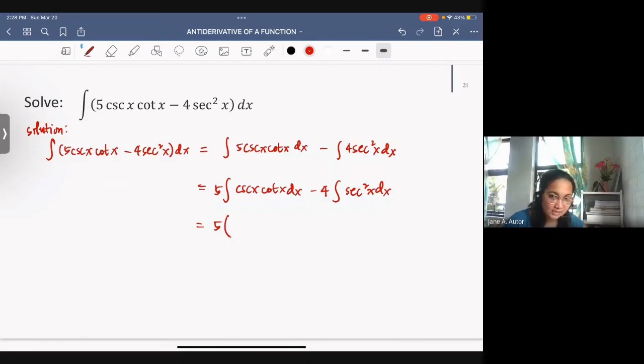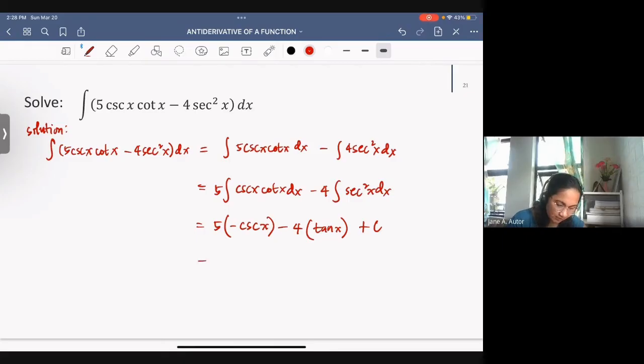So for cosecant x cotangent x, this is equal to the negative of cosecant x. So negative cosecant x minus 4 times, for 4 secant squared x, we have tangent x. And then plus c.